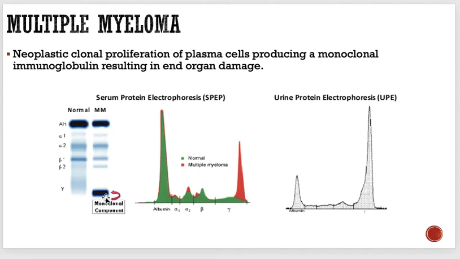So they have too many immunoglobulins, and these immunoglobulins are basically the proliferation of one single clone. The red one is multiple myeloma. See, there is a big peak over here, which is the gamma chain peak, right? This is called serum protein electrophoresis, or SPEP. This is urine protein electrophoresis, or UPEP, right?